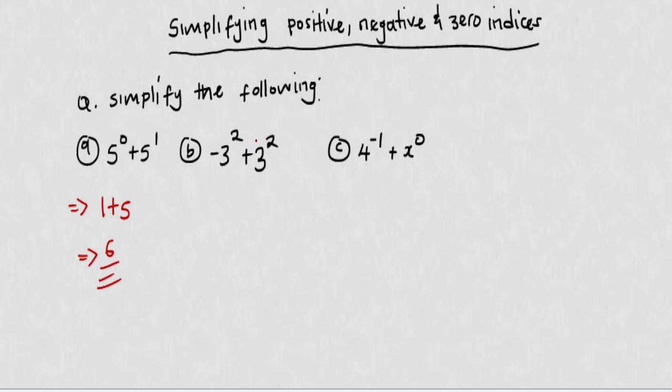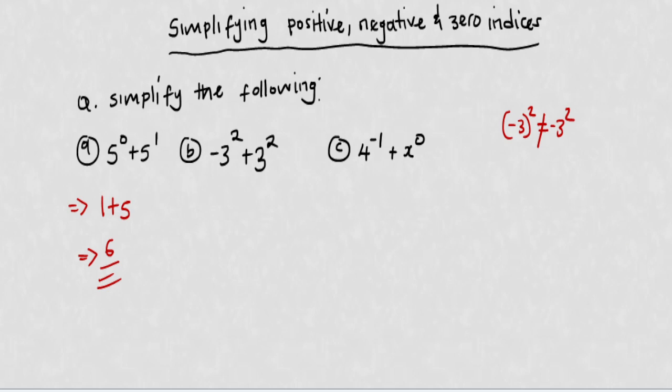We've got the next one: negative 3 squared, and negative 3 squared. Now I want you to understand this part because mostly we have people that would confuse these two. Negative 3 squared is not the same as negative 3 squared. Those two are not the same.